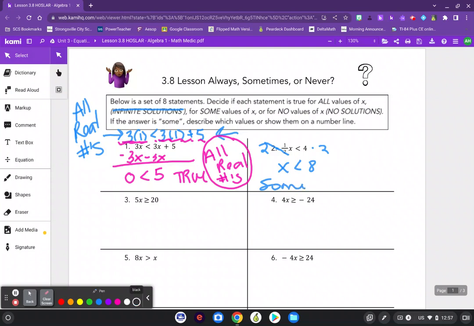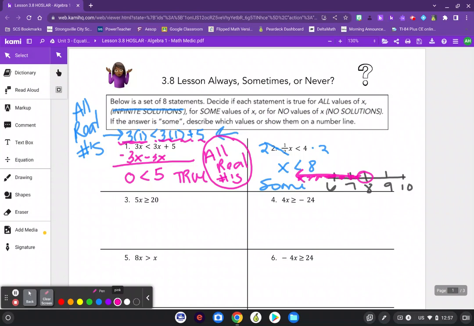values of x. I'm going to go ahead and put this on the number line. Right, I can pick a couple of values lower than and larger than 8. For all values of x less than 8, so that means that 7 works and 6 works, and in between 7 and 6 works, and anything over on this side of that number line works. 8 does not work because there's no equal to bar, but any number to the left of 8 does make this true.